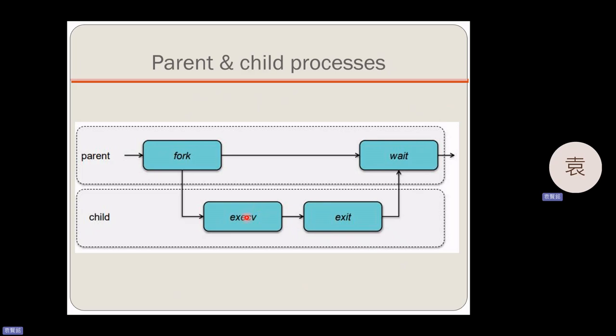And this wait is for when the process needs to know whether the child has terminated or not in order to continue its operation. Then the parent can use this system call to get the termination status of the child to make sure the parent's code can continue its operation.